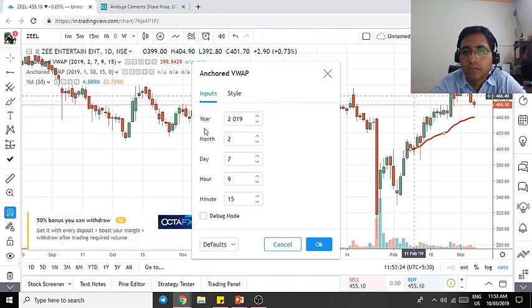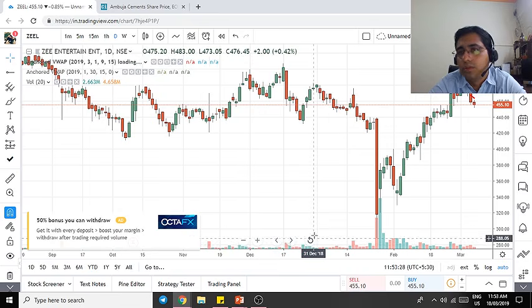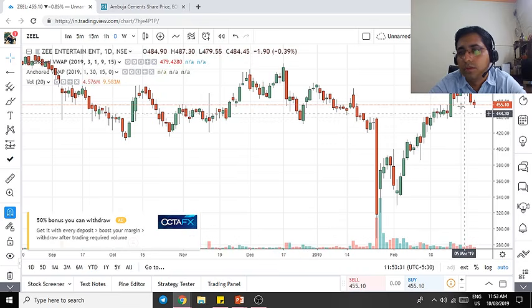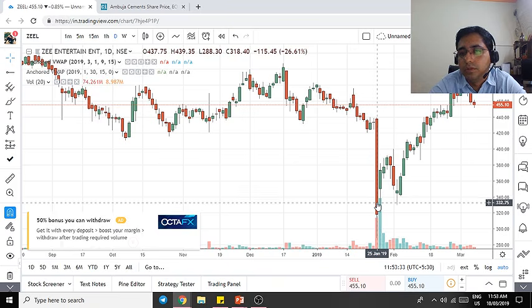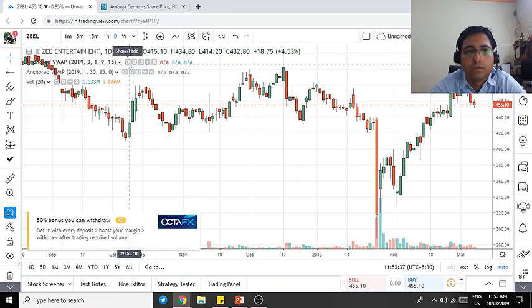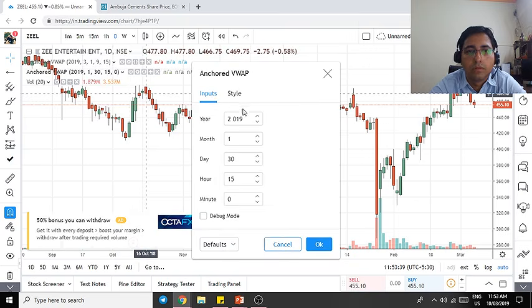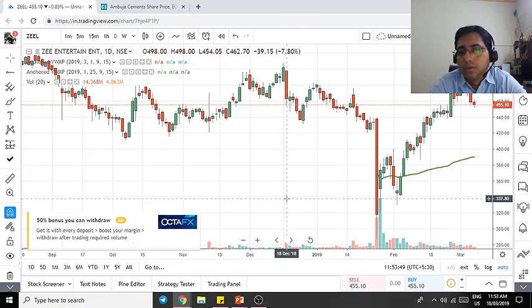This is 1 March. So this is drawn from the swing high. Swing low is your 25 of January. So this is how it looks.